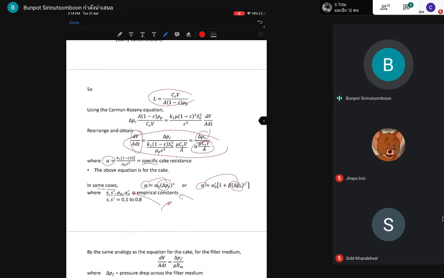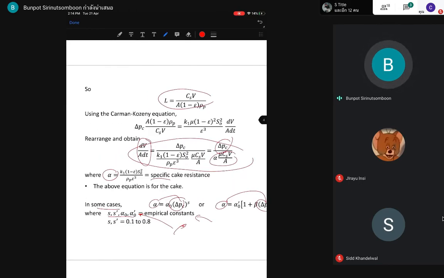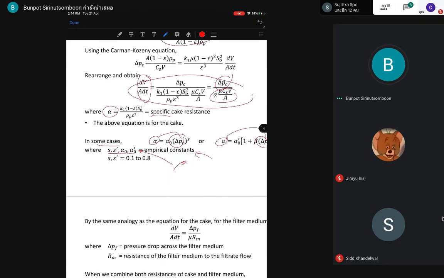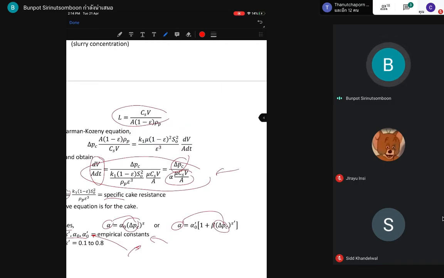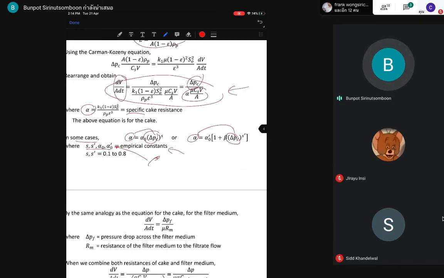But for the simplest case, we're just going to say that alpha is constant. And so this is the relationship between the flow rate and the pressure drop across the cake. By using the same analogy, you can also develop an equation for the filter.